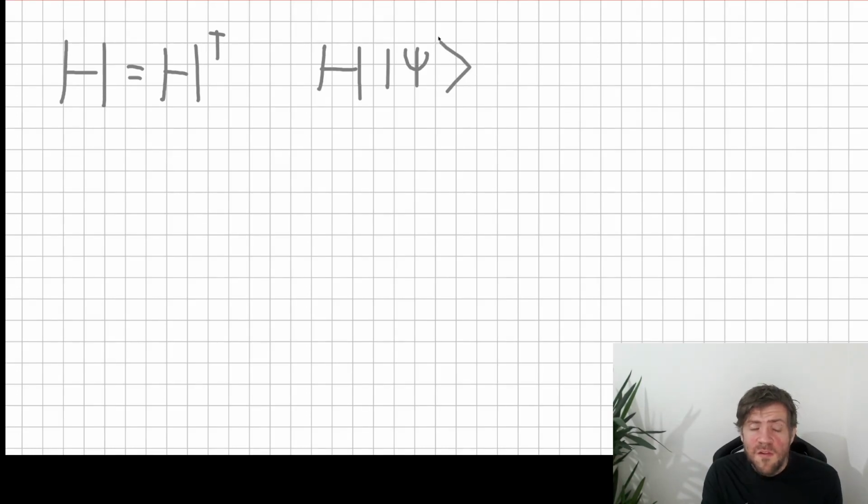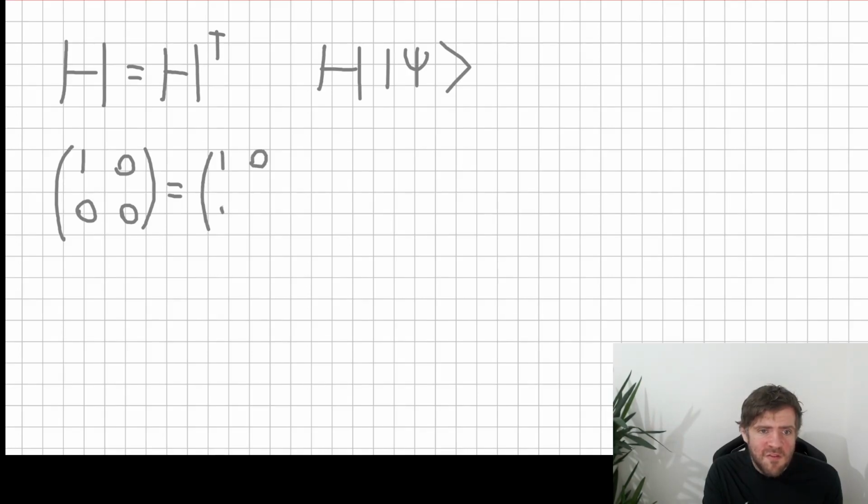So one example of a hermitian matrix is the outer product of 0 with itself. This is 1, 0, 0, 0. If you take the transpose of this, it's the same thing. If you take the complex conjugate of that, it's the same thing. So this is equal to its hermitian conjugate. This is a hermitian matrix.